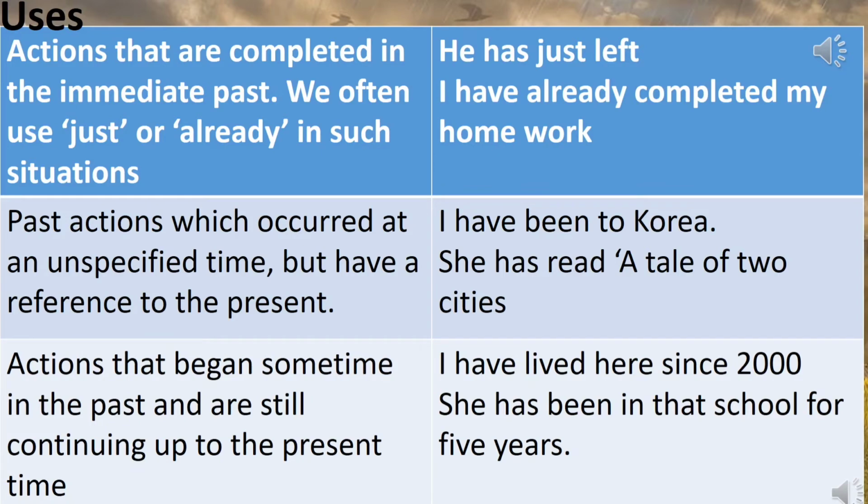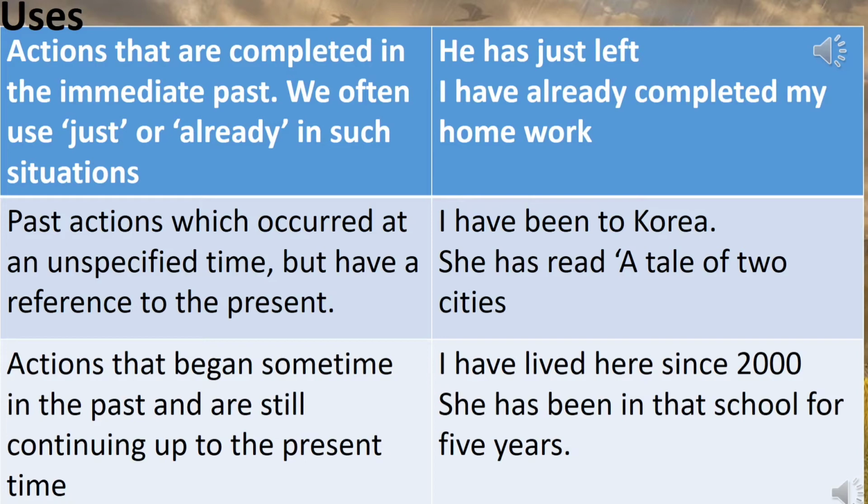And the situations where we use present perfect tense are: first, actions that are completed in the immediate past. We often use just or already in such situations. Remember the words just or already, like he has just left, or I have already completed my homework, and so on.